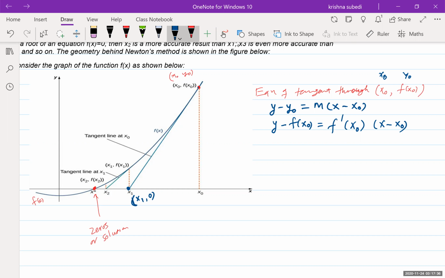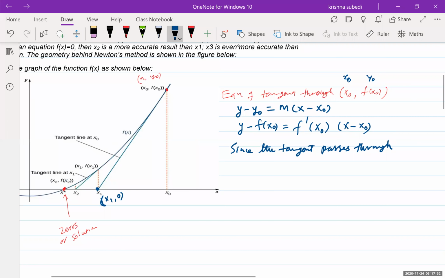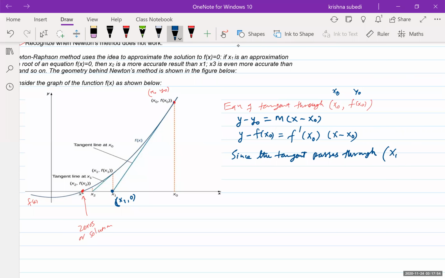Okay, so since the tangent line passes through the point x1 and 0, we can substitute the value.